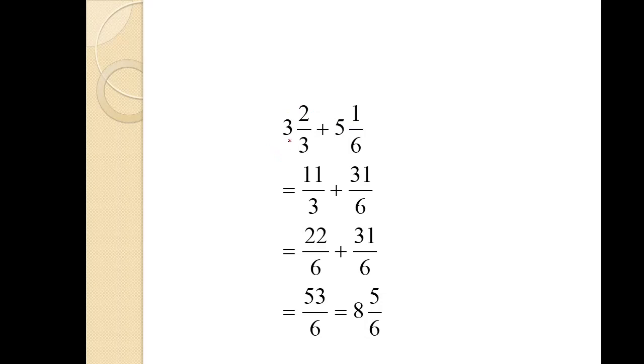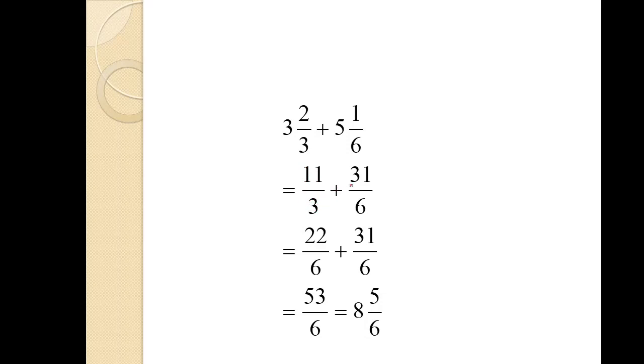How to do that? You take the whole number part, which is 3, multiplied by the denominator in this fraction, which is also 3. 3 times 3 is giving you 9. Then you add 2. 9 plus 2 is giving you 11. That's why you have 11 over 3. We don't change the denominator.